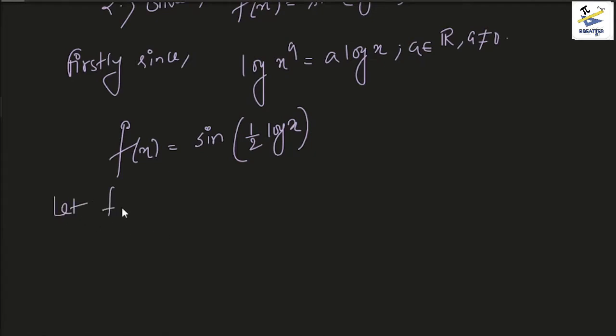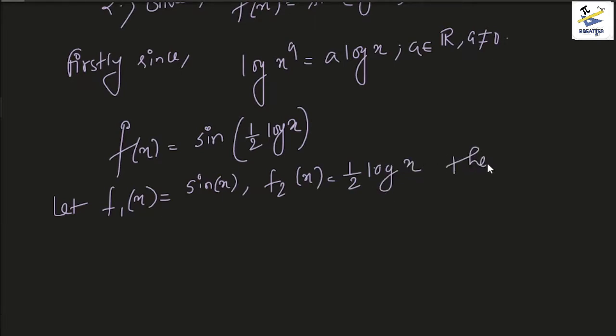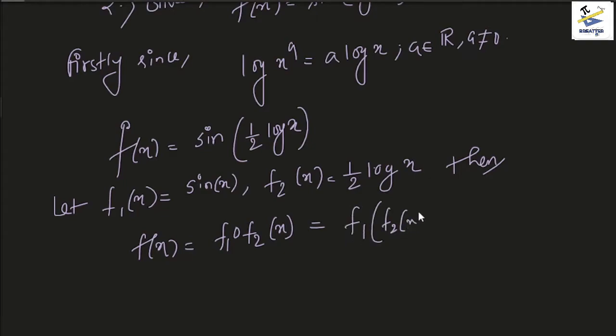Let f1 of x equal sine of x, and let f2 of x equal half log x. Then we can write f of x equals f1 of f2 of x.